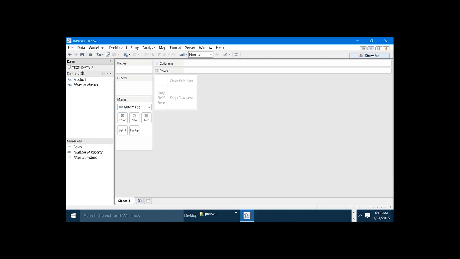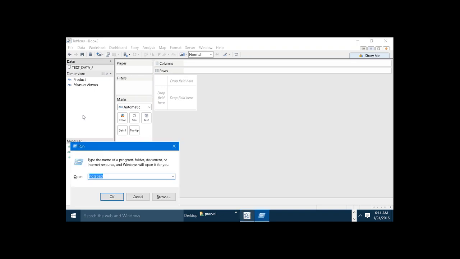Why Tableau segregates the fields in the form of dimensions and measures, that we should know. So let me discuss in detail the dimensions and the measures.